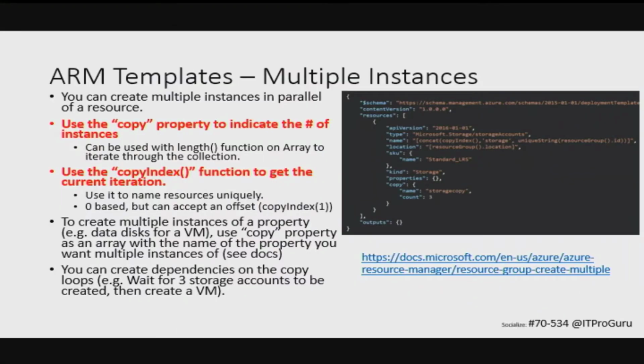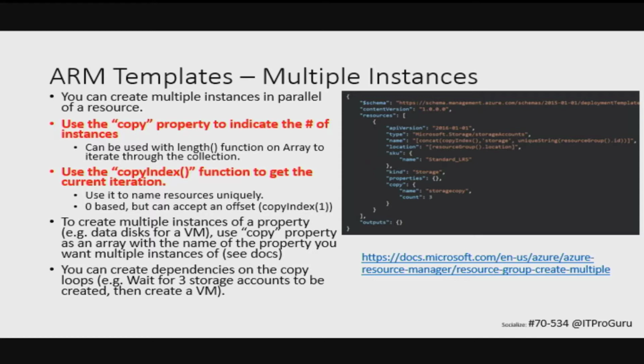All right, so a couple more items on ARM templates. You can use ARM templates to create multiple instances. Again, if I want to create 100 VMs that are all the same role, and I just want to load balance across those 100 VMs, I don't have to have 100 different VM resources, right? I can create loops and just say, create 100 VMs, and I can use the copyIndex function that just returns the iteration I am in the loop, so I can attach that to the VM name.